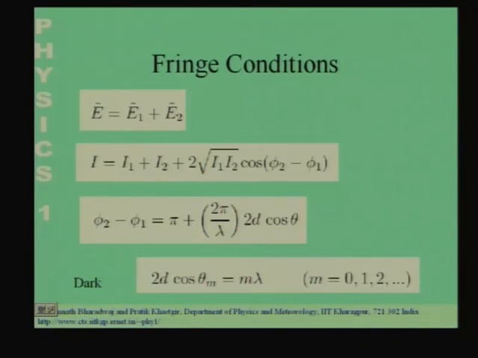So, in interference we have the superposition of two waves, and the intensity of the resultant is I1, the intensity of the first wave, plus I2, the intensity of the second wave, plus 2 square root of I1 I2 cos (phi 2 minus phi 1), where phi 2 minus phi 1 represents the phase difference between the two waves.